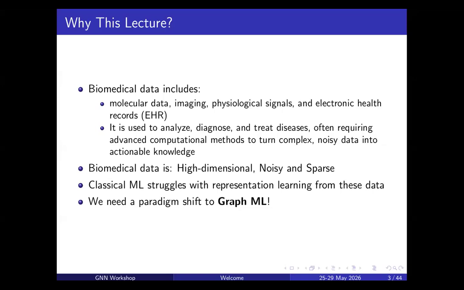It is an interaction between different things. So we want to capture these relations and to learn these relations through machine learning approaches. We need a paradigm shift from traditional ML to graph machine learning.